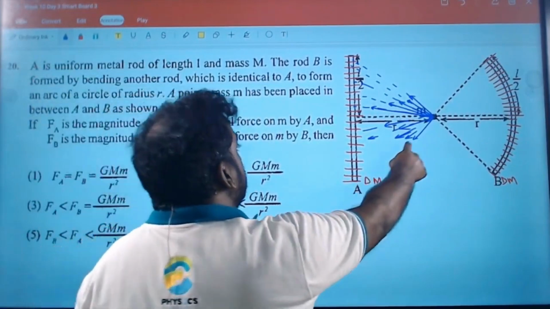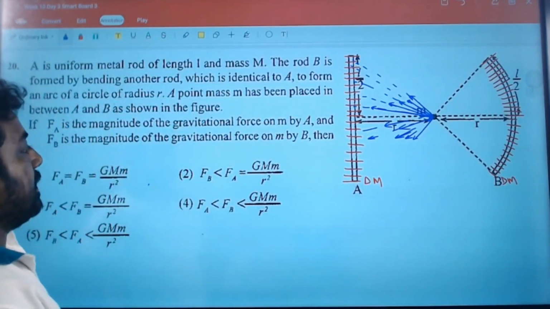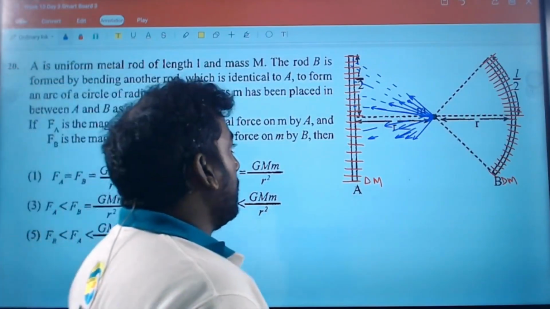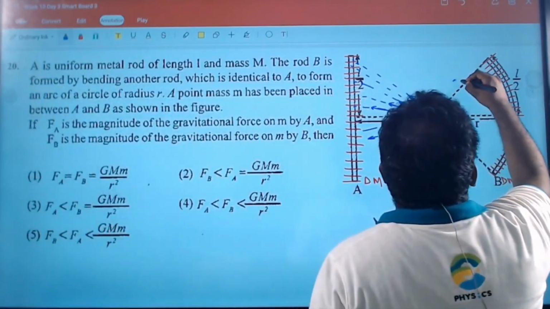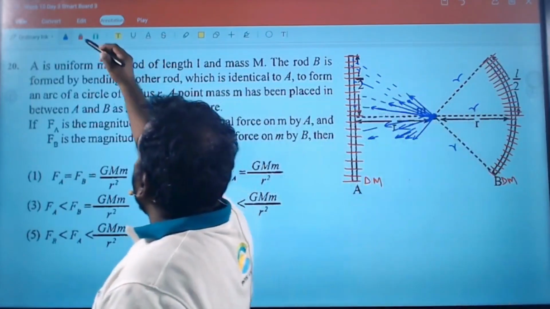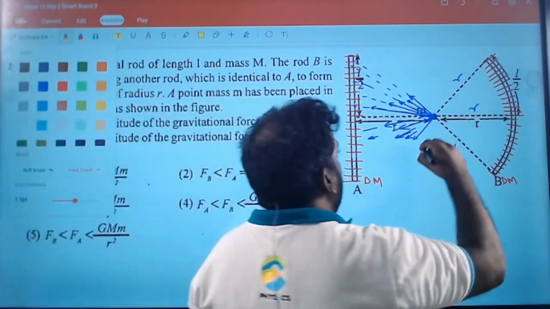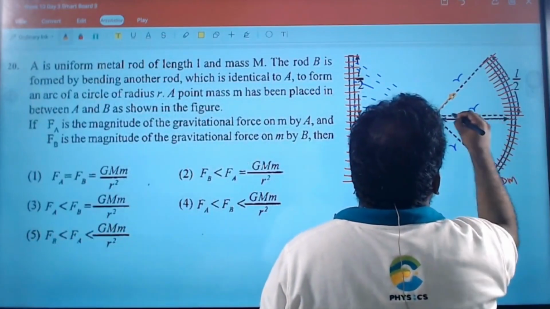larger distance, smaller force. Smaller distance, larger force. Here, distances are always the same, so the force is the same, whatever happens.